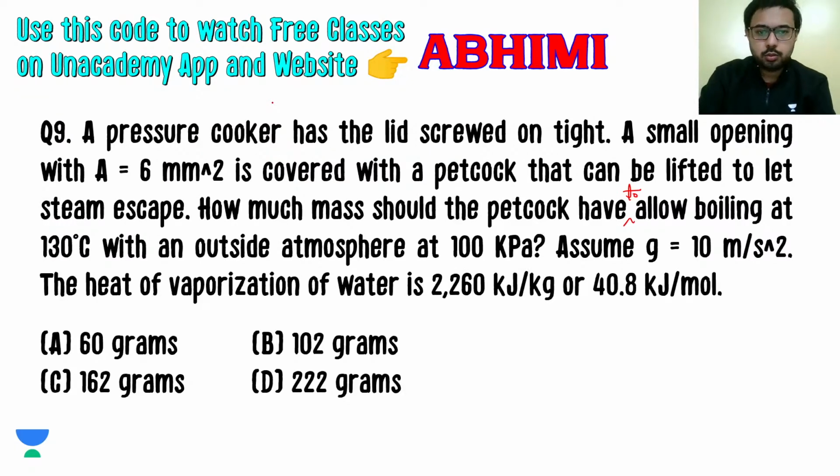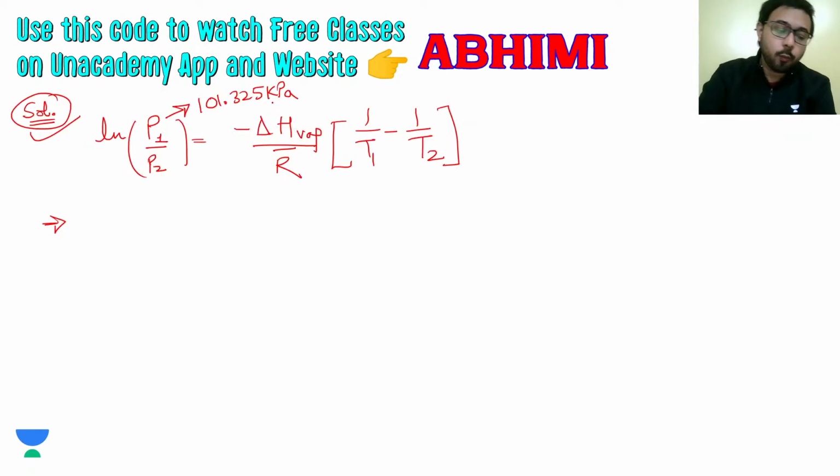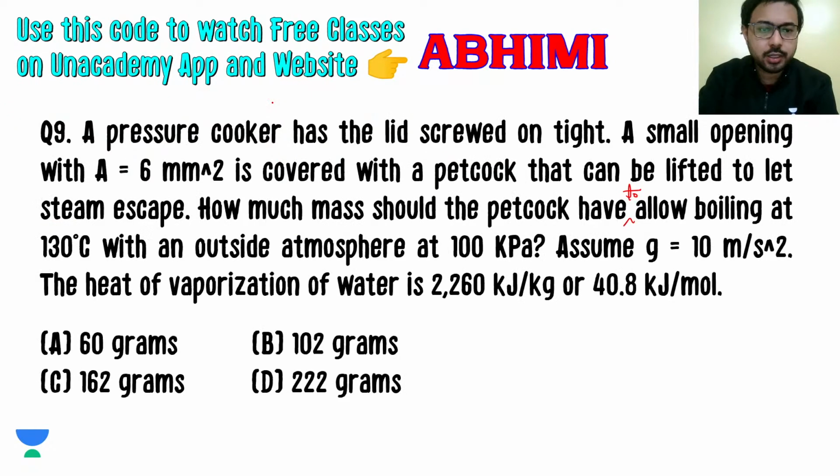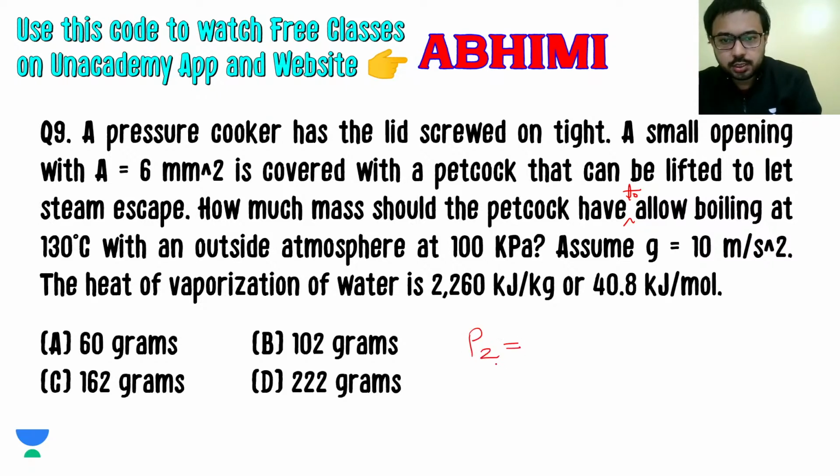And why we are doing this, let me first explain. Since we have to calculate the mass which the petcock should have to allow this boiling to take place, let's say P2 is the boiling pressure at 130 degrees Celsius.